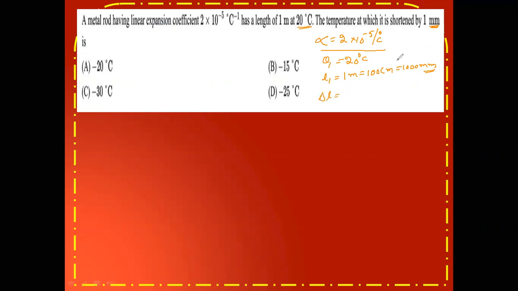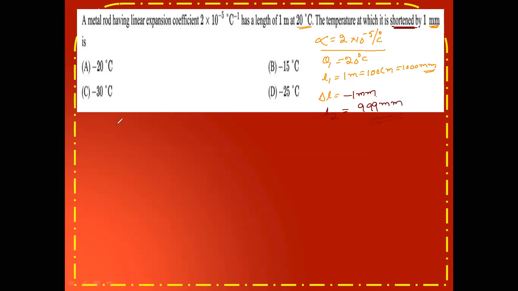Shortened by is the key point in this question. Shortened by means this is minus 1. So I can take the L2 value as 999.